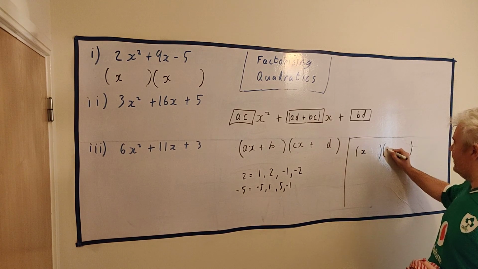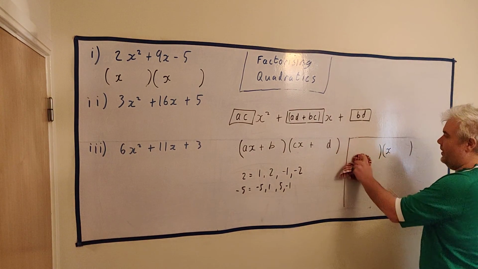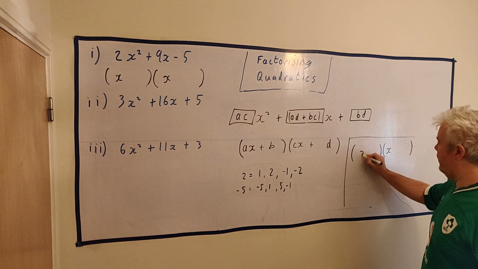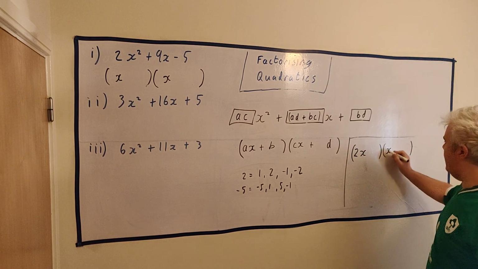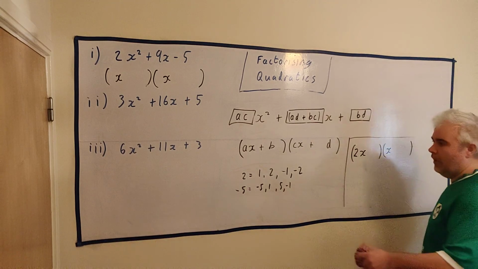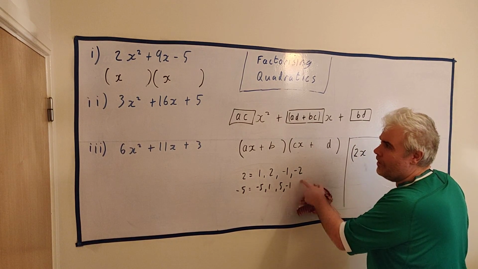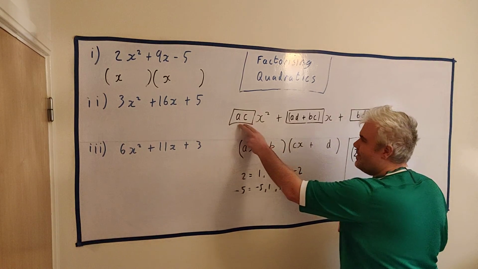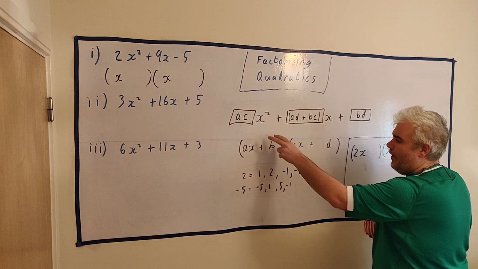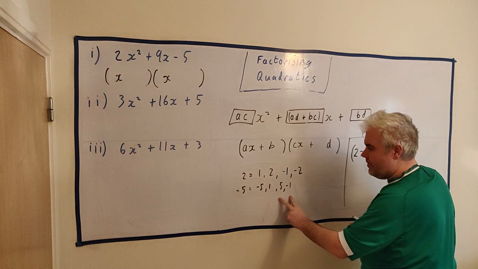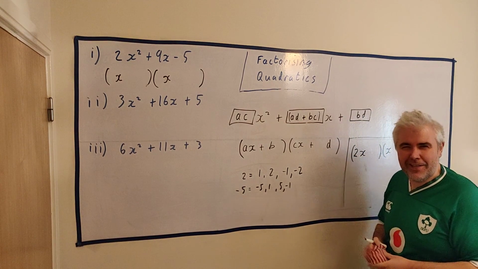Let me see. I will guess, make that a bit bigger. I'll guess 2 and 1. In fact, it's not going to be minus 1 or minus 2, because if I change these signs, I don't have to change these signs. That might be a little bit advanced for you, actually.